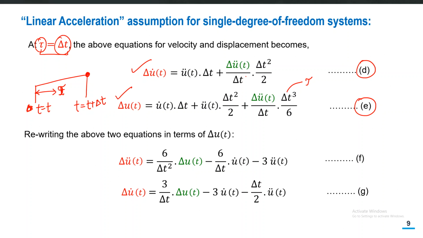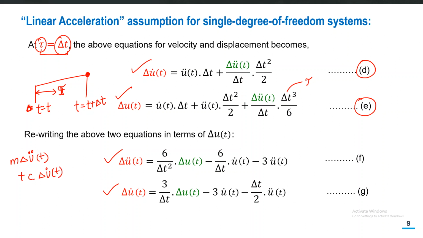Now, what we can do is rearrange these two equations such that the change in acceleration and change in velocity can be simply represented, or written, in terms of the change in displacement. Why are we doing it? Because we know the incremental form of our equation, that is m delta u dot dot of t plus c delta u dot of t.